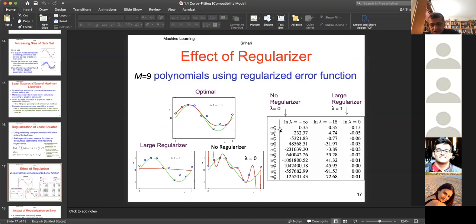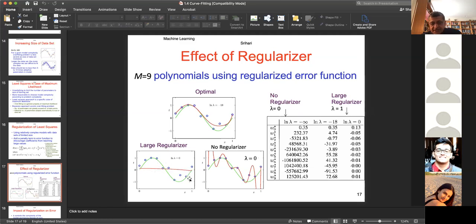Even though we are using a high degree polynomial, if you use a very large regularizer, in this case log lambda equal to 0, they're showing everything in terms of the logarithm of lambda here, then the fit is going to be biased. It's going to be this red line, which is not a very good fit.